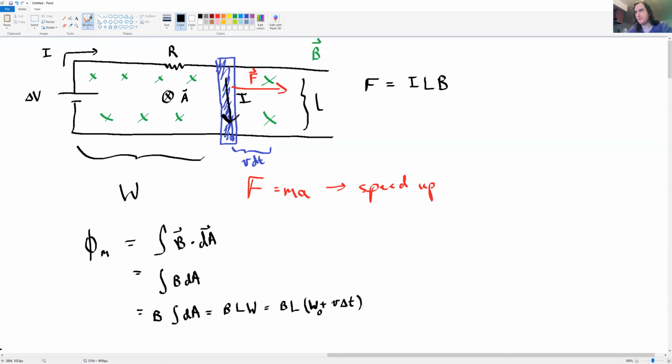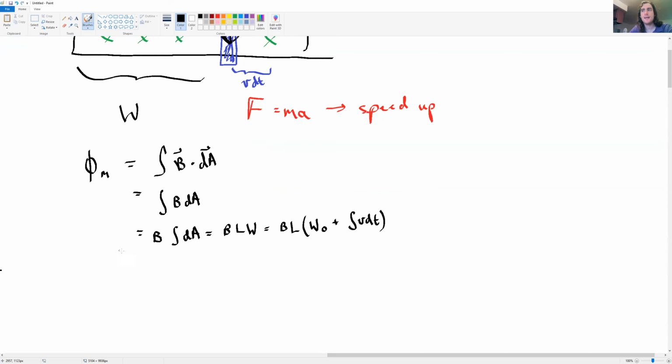Well, actually, maybe that's incorrect here. We have an acceleration here, so we probably should be really careful. We should say W0 plus the integral of V dt. Let's be extra careful here. The velocity may be changing at certain instants in time, and then will taper off to some terminal value where it's constant.